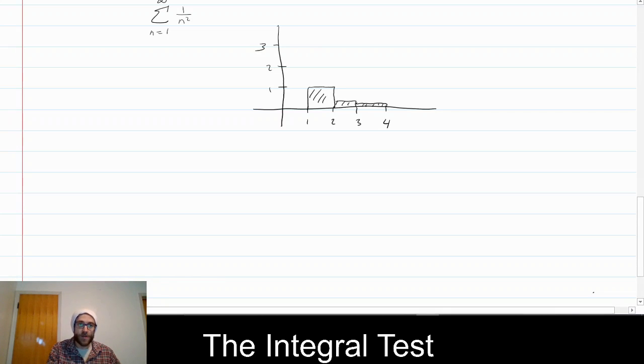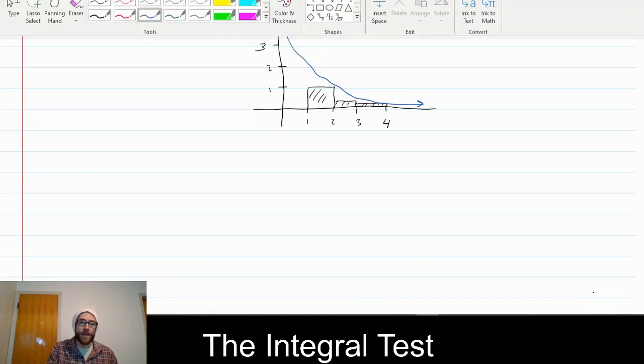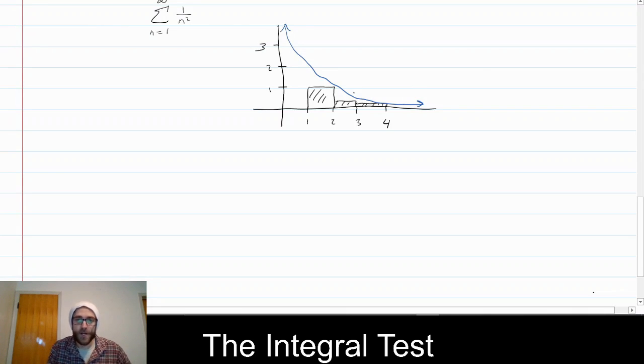And then let's just go ahead and get some blue. And let's just sketch 1 over x squared real quick. So it should look something like that. Okay. And doing this, we see that this is about 1 over x squared.